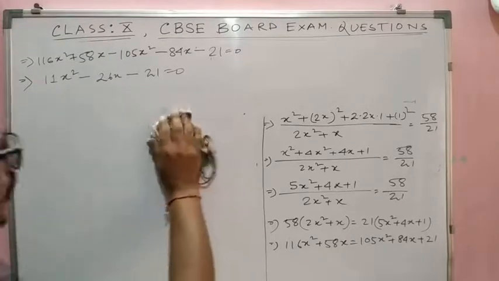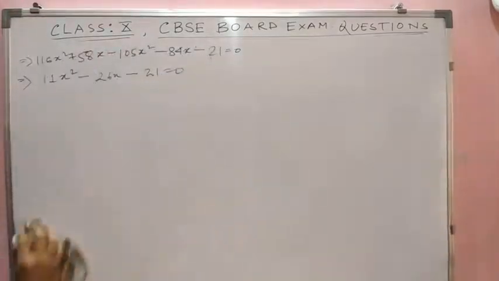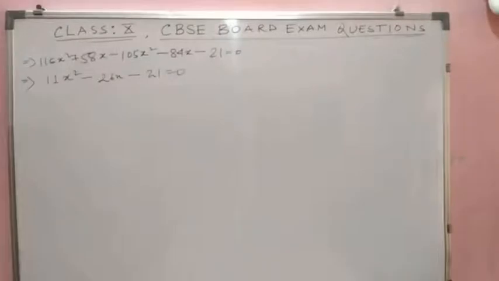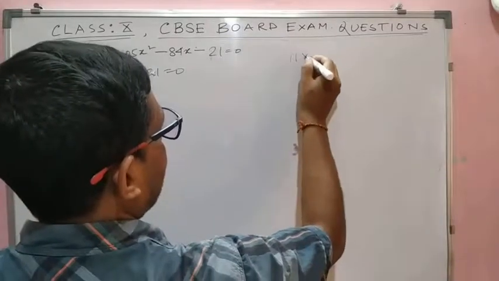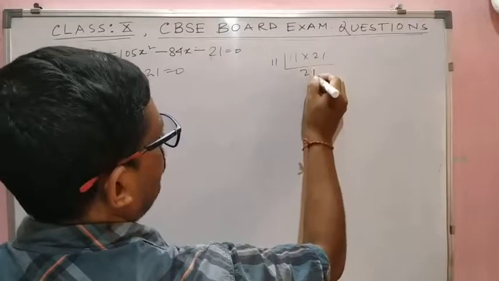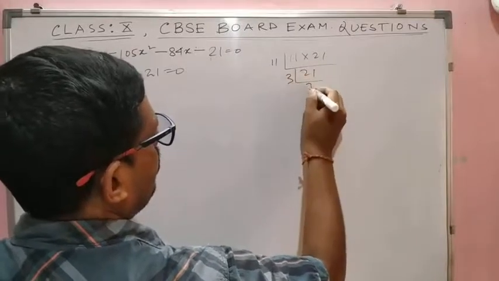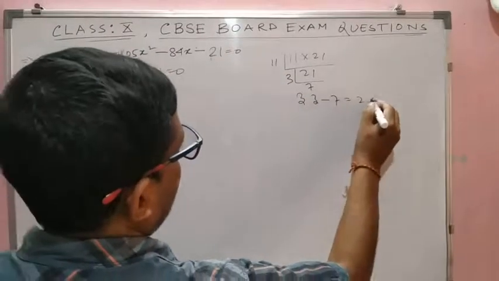Now we can solve this one by middle term factorization. In middle term factorization, this and this have to be multiplied, 11 into 21. Directly, we need 26, so it will be 33 minus 7 equal to 26.